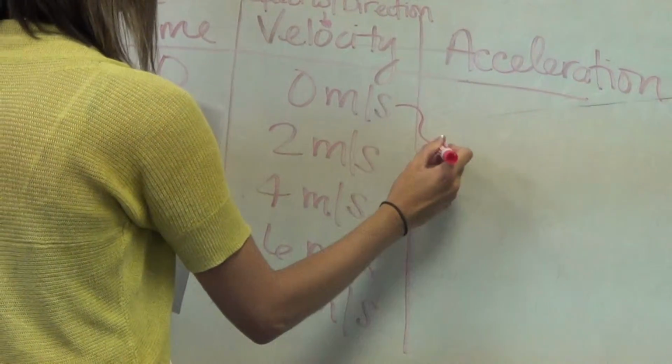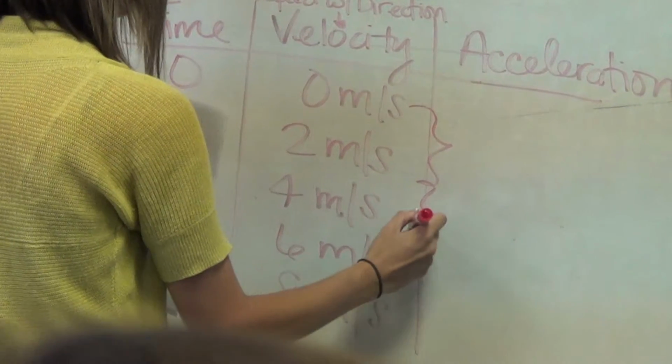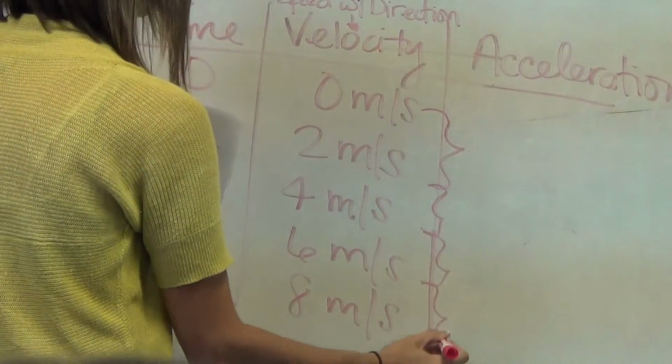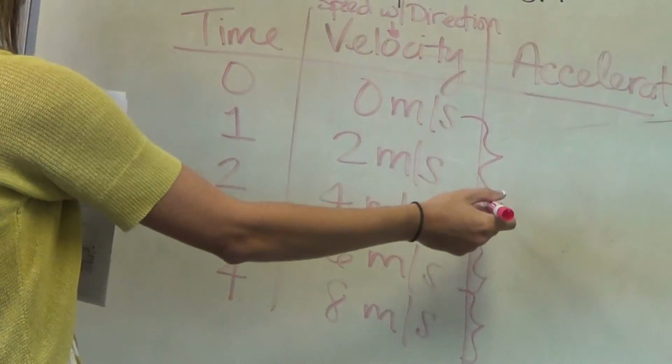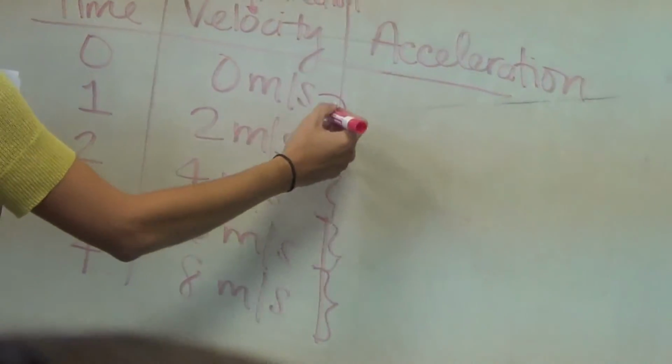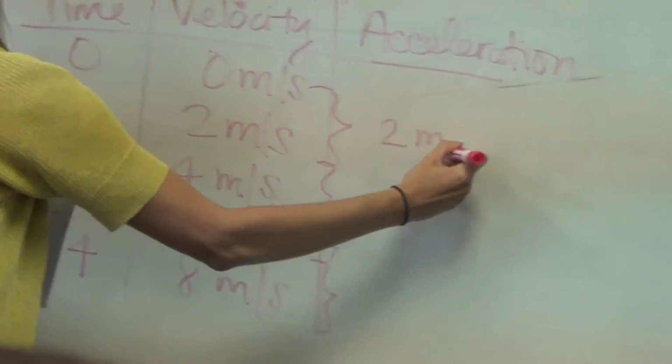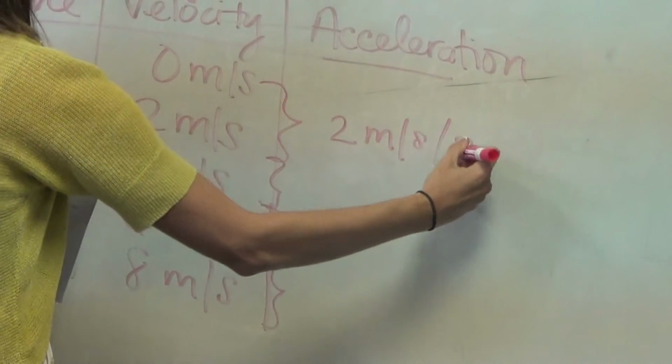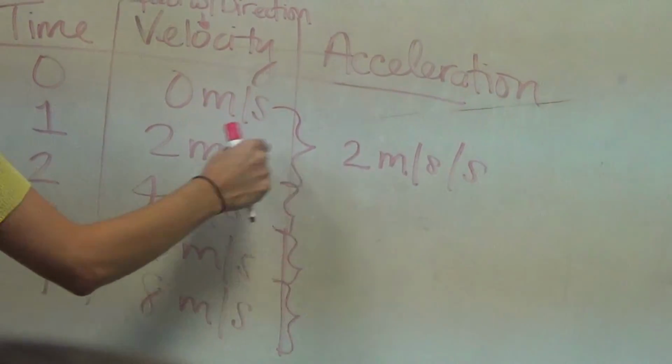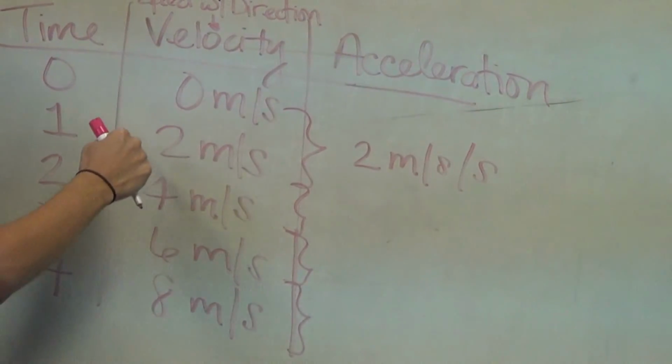So from 0 to 1 second, it changes how much? 2. 2 meters per second, because it's changing 2 meters per second in the first second.